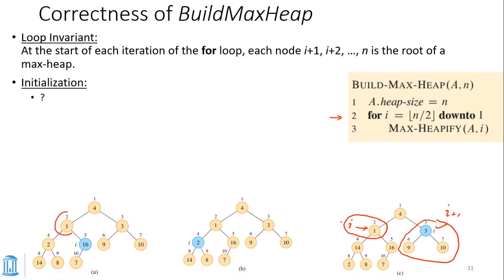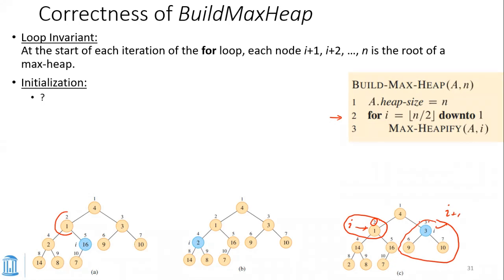Can you see that? So once you add particular index 2, 3 is now rooted at a tree which has already been converted into a max heap.